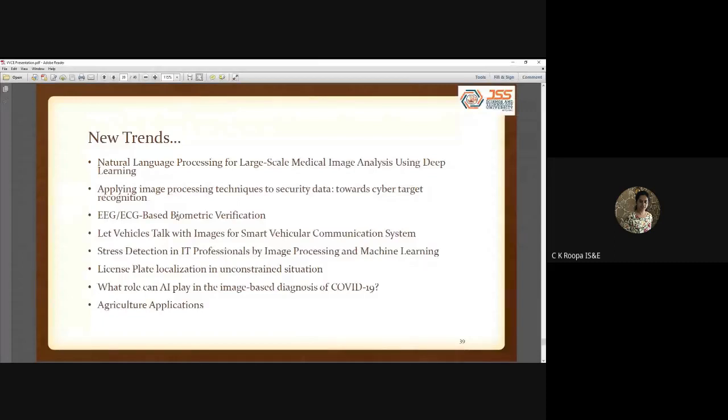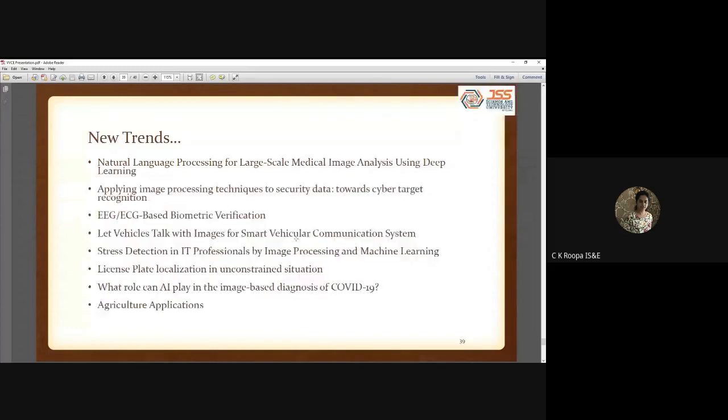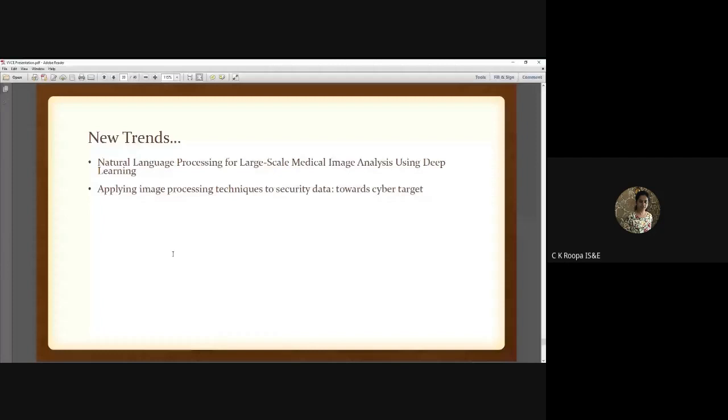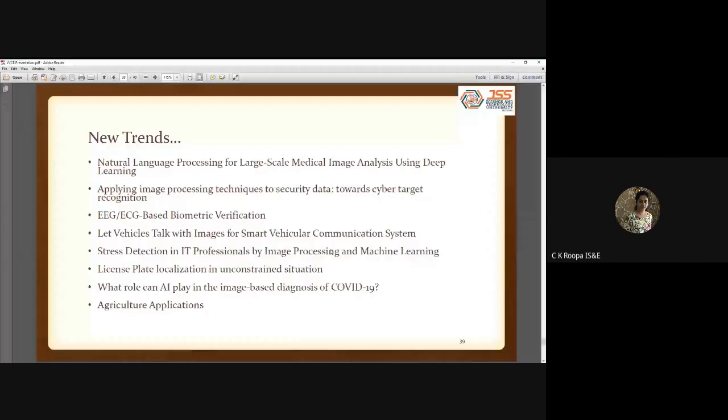Right, and then you have smart vehicular communication system, which Dr. Nagesh has detected, and stress detection in IT professionals by using image processing and machine learning. Due to this pandemic, many are really facing a lot of stress. Can you make use of the basics of image processing and machine learning to identify or detect that stress?